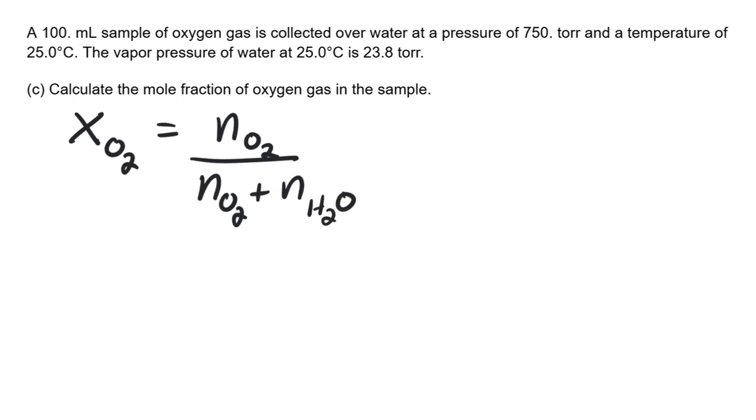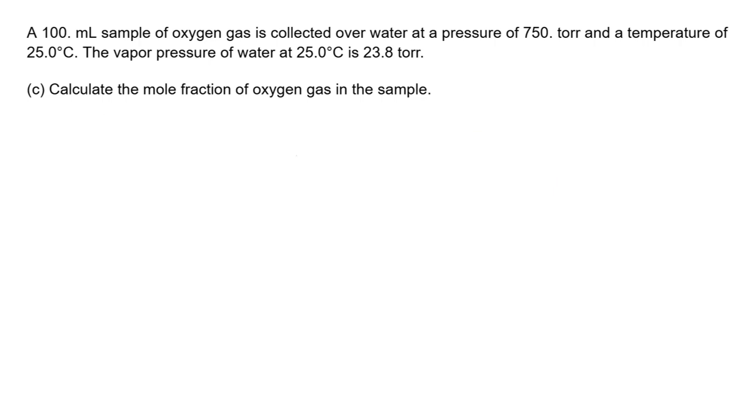We could do it this way. However, to solve for n H2O, we would have to use the ideal gas law. And that would take some time. It would give us the same answer, but we're not going to do it that way. We're actually going to do this an easier way. The easier way to do this is to use this equation.